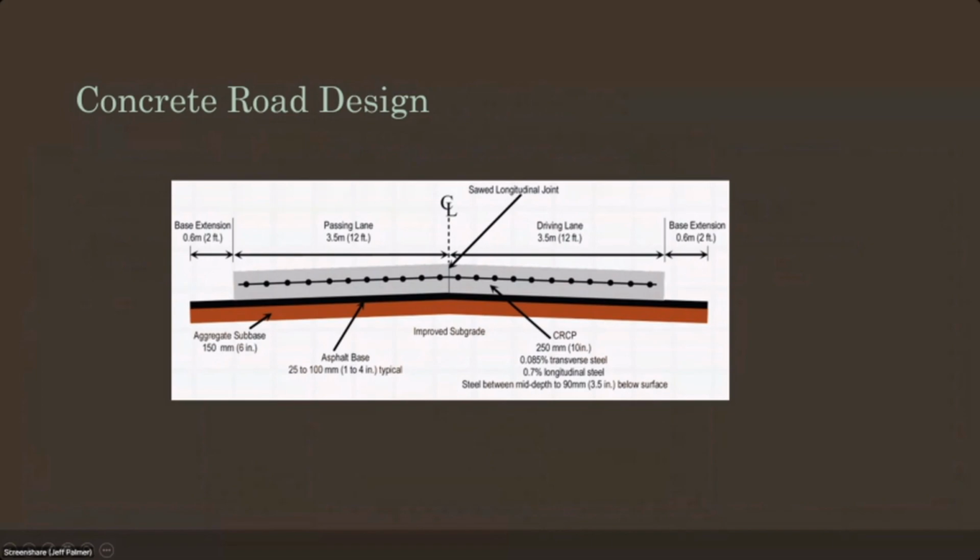Notice the asphalt base underneath an aggregate sub base, and then it has the road base with, you can see the rebar. That's what all the little round circles are there. It's running down through there for the concrete. Yep, it's got a center line, but also notice the curvature. The idea is, again, you get water off the road and off into the ditch alongside, or into one of the culverts where it'll go into the sewer system and drain off to one of the lakes someplace.